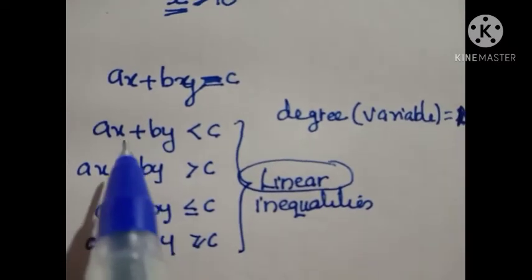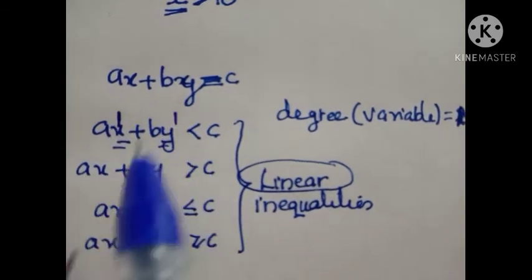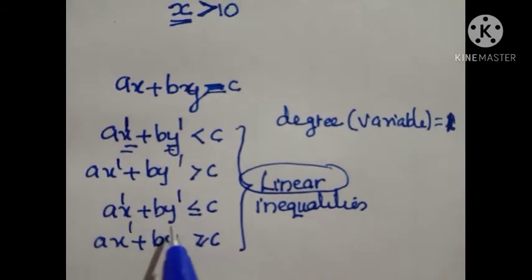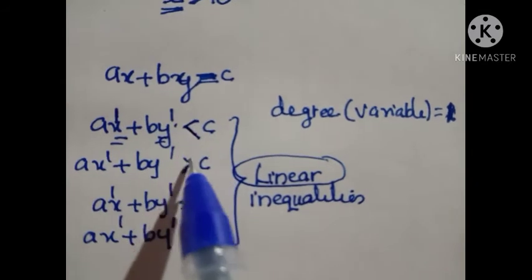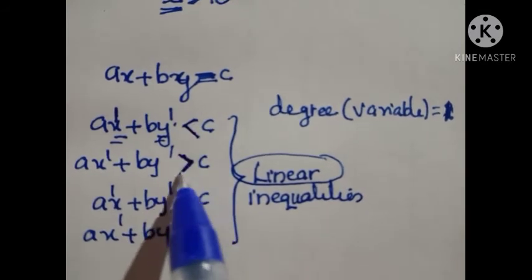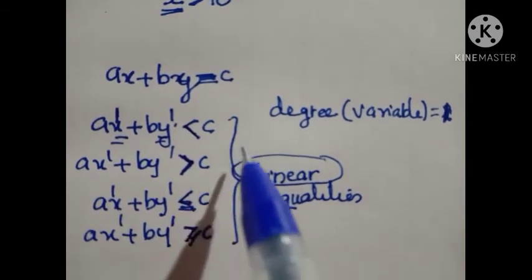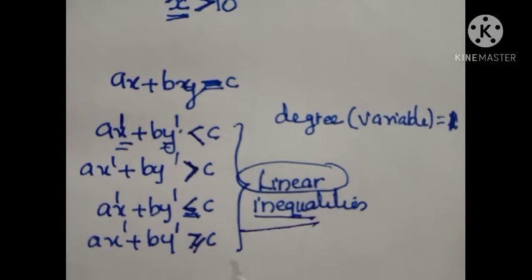Listen, here variables are x and y. So here degree is 1. You can see degree of all the variables is equal to 1, and this expression carries inequalities less than, greater than, less than or equal to, greater than or equal to, and therefore such inequalities are called linear inequalities.